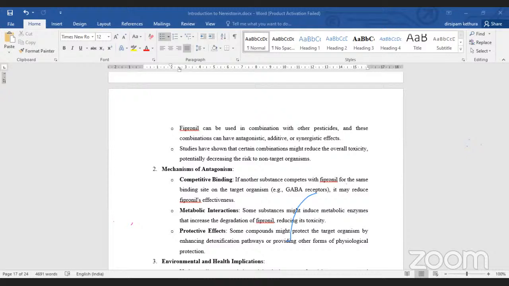Ma'am, can you once again say about that pro-insecticide activity? What does it mean? Pro-insecticide means, as I already told you, it is an insecticide, but by itself, if it acts directly, it will not show its toxicity on the targeted organism.